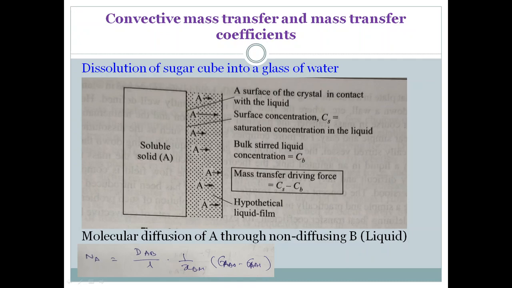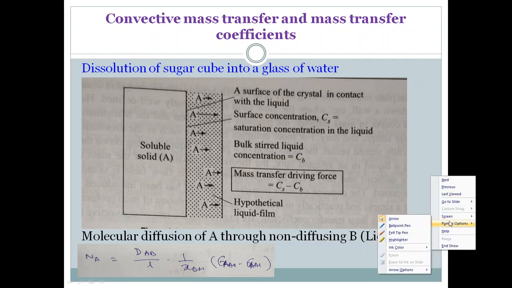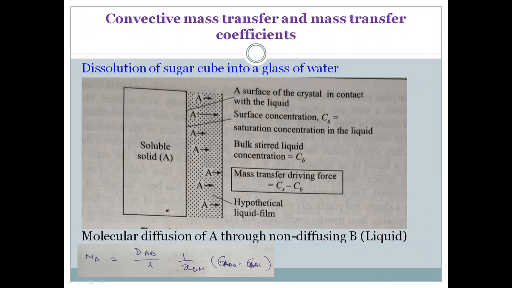And this L is the thickness of this layer. This is your L, in case of this boundary layer, the stagnant layer.